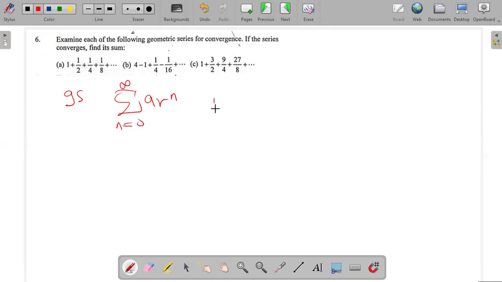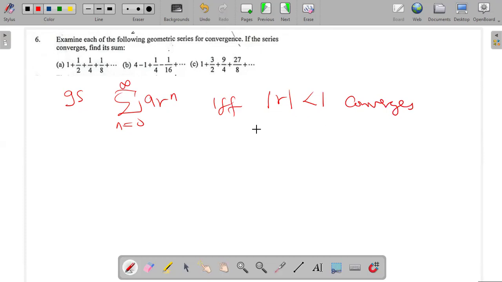This will converge if and only if the absolute value of the common ratio is less than 1. So if the series has a common ratio less than 1, then it is said to converge.